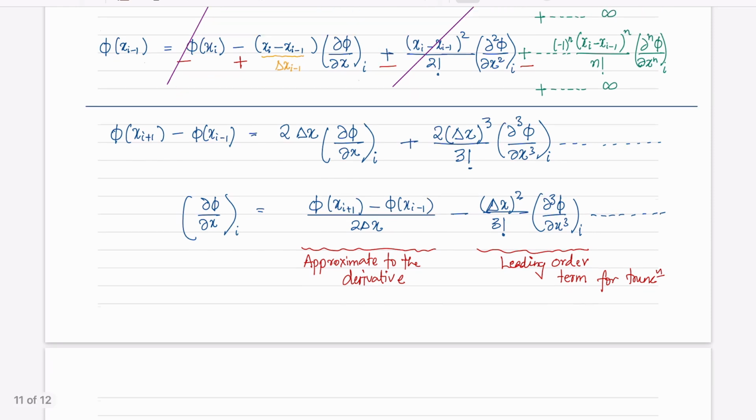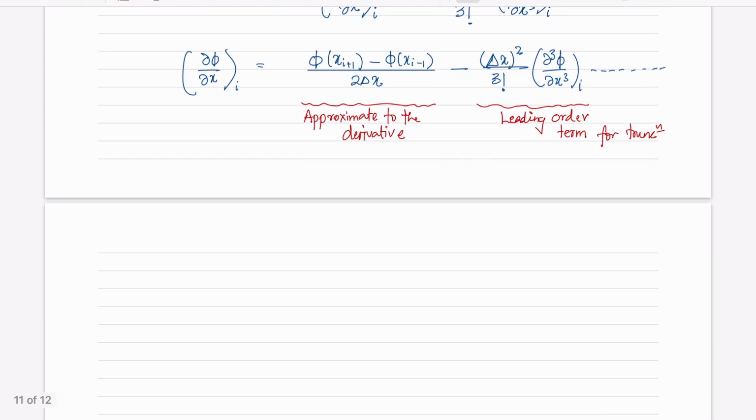All right, so the final expression according to the central differencing scheme, which is probably one of the most widely adopted schemes as long as the first and second order derivatives are concerned, and the approximation, I should use an approximation sign here, it says phi of x_{i+1} minus phi of x_{i-1} divided by 2 delta x.